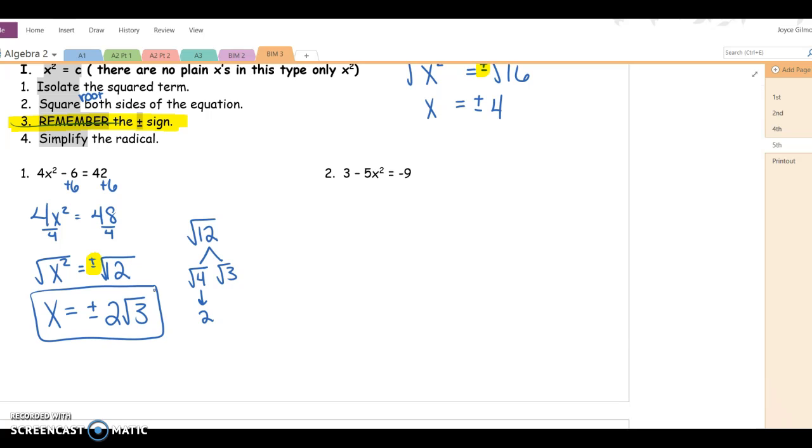Number 3. What should we do first? Subtract 3. So negative 5x squared equals negative 12. And then we want to divide by negative 5. No decimals. Leave this as the fraction 12/5.